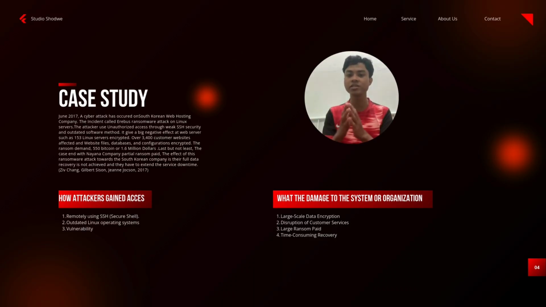Overall, the damage included major data loss, service downtime, financial loss, and a very slow recovery process. This case clearly shows that Linux systems can also be targeted by ransomware if security is not properly managed.